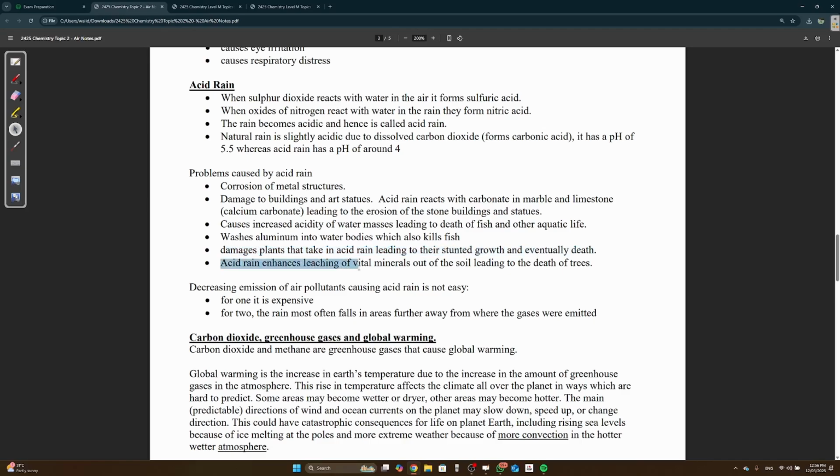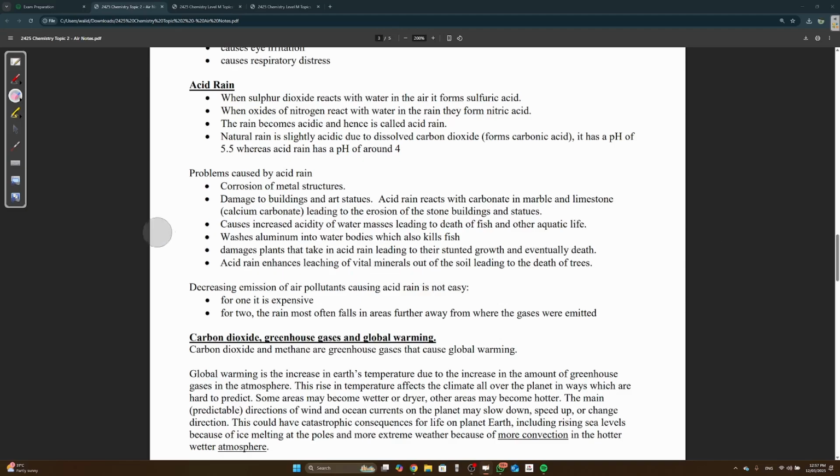Acid rain enhances the leaching of vital minerals out of the soil, leading to the death of trees. Leaching is what I just explained. When it rains into the soil, the rain will infiltrate and run off all the minerals in the soil and take them into the bodies of water. So the water will be polluted by these minerals and the trees will lose their minerals. So not only are you killing the fish, you're also killing the trees.